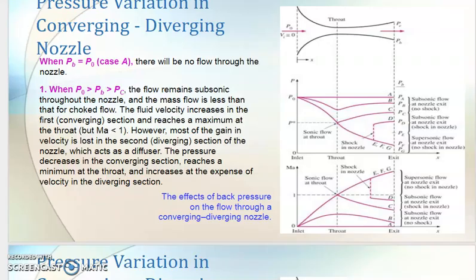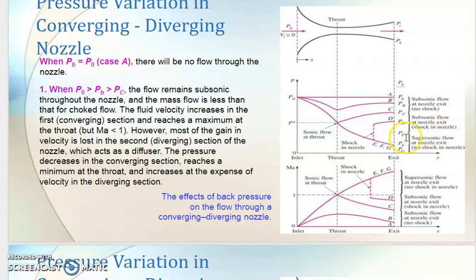So for PA, PB, and PC, you're going to achieve only subsonic flow at the diverging duct. If you look at the Mach number here, it's actually less than 1, right? So meaning at the diverging duct, only subsonic flow.